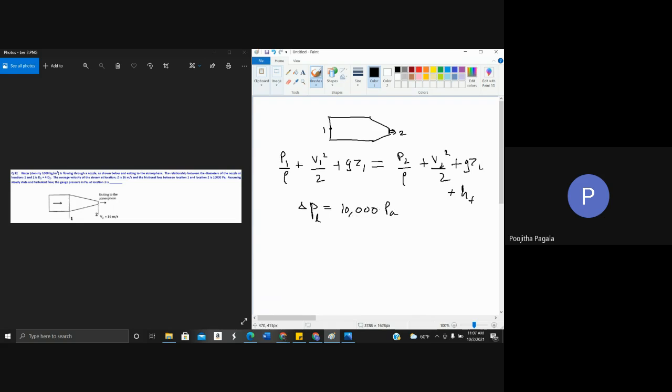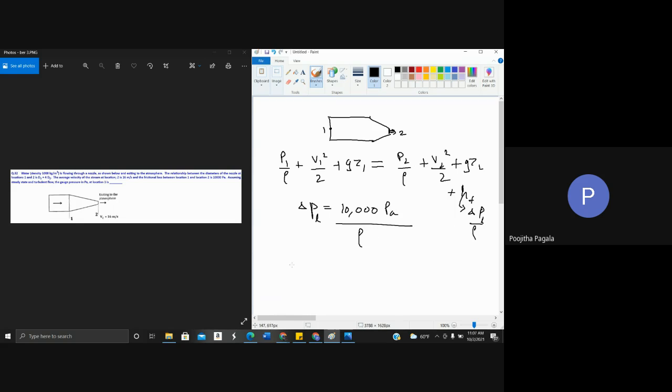So in order to do that, we need to first divide it by the mass flow rate. Do we know the mass flow rate? I'm sorry, we need to divide it by density, delta P by rho. We can just replace HF by delta P loss by rho.